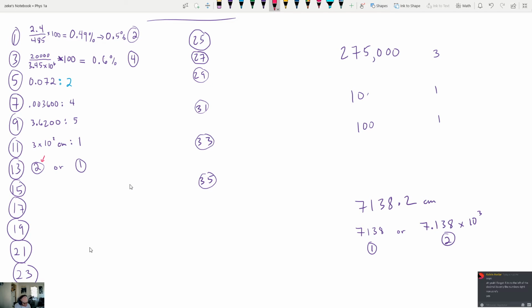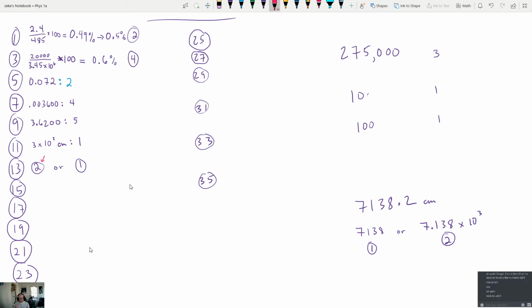Or do you all think those answers are exactly the same? I had this weird memory that if you can, you're supposed to write it in scientific notation. Do you all remember something like that from the lesson? Is that right? I'm trying to remember where it says it, but anyway, either one of those works. I'm not going to spend too much time on that.